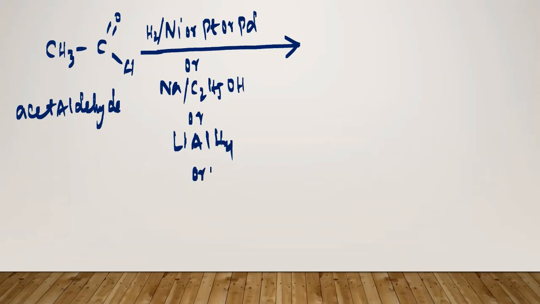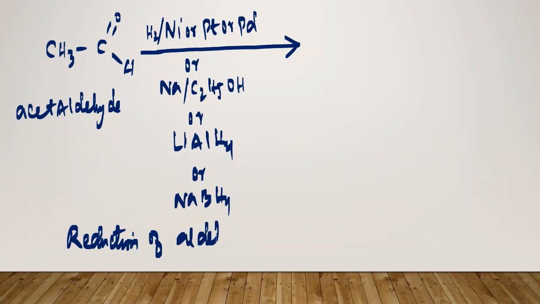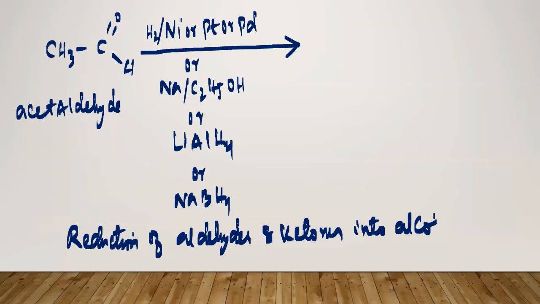If you don't want to use this, you can use sodium borohydride. So you can use any one of them, and your work is basically the reduction of aldehydes and ketones into alcohols, because all these substances are reducing agents.